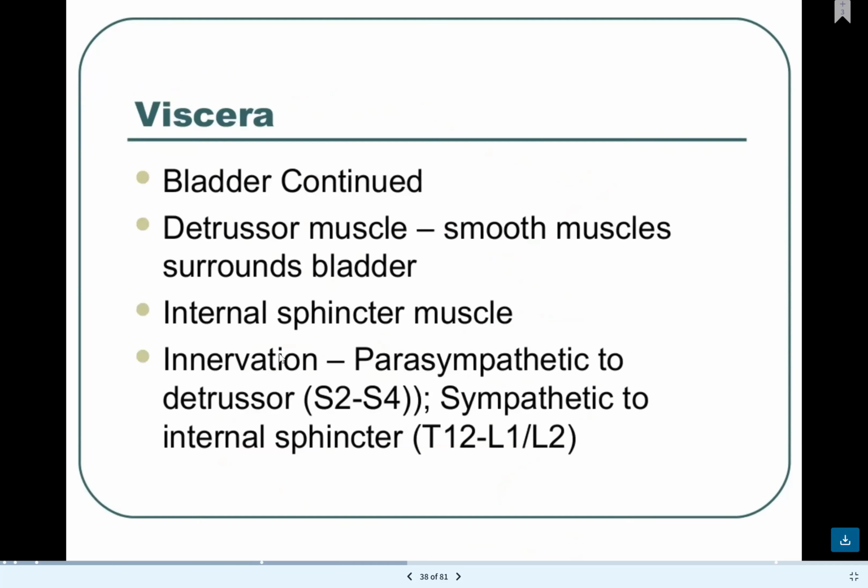One thing we also have to know is that innervation to the bladder is by the autonomic nervous system. Usually the parasympathetic nervous system gives direct input to the detrusor muscles, while the sympathetic is coming from the 12th thoracic vertebra and then L1 and L2 lumbar vertebrae.